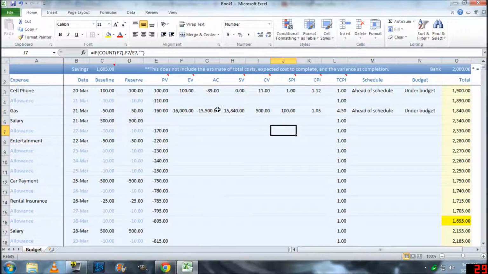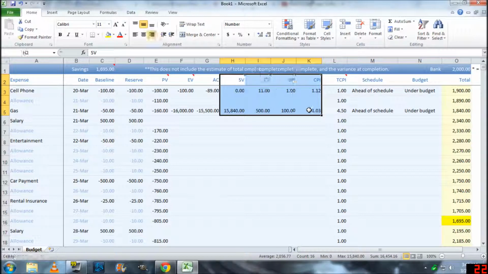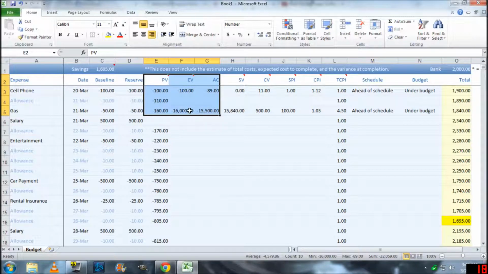So basically that's what it is for planned value, earned value, actual cost, schedule variance, cost variance, schedule performance index, and the cost performance index. All these four right here just tell you if you're good or not currently. These three are the inputs that you need to put in so you can find out if you're doing good or not.